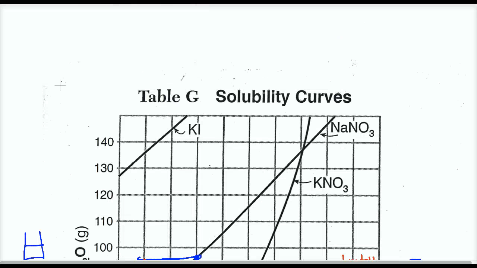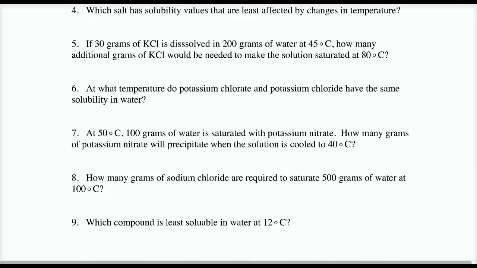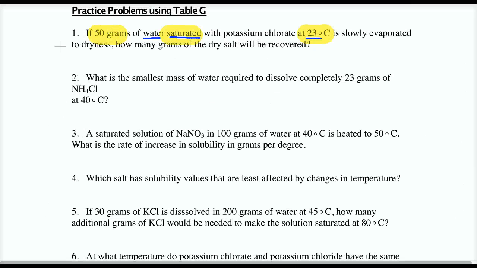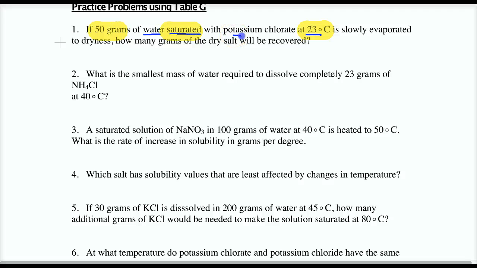Let's clean this up because I have some stuff going on. And what's the chemical? The chemical was potassium chlorate. Oh, gotta know your chemical names. Chlorate, ClO3⁻, from Table E, and K is potassium. So let's go find KClO3 at 23 degrees Celsius.